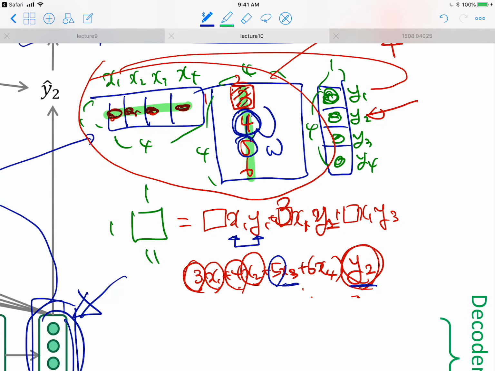So suppose our vector y was this 5-dimensional vector, and in this case still we can consider all the possible cross products, x1 y1 all the way through x1 y5 and x2 y1 all the way through x2 y5, and then we can still consider the linear combination weights of all the possible cross products, and we can simply set our matrix W as 4 by 5. So in that case, we can also construct this bilinear model between two vectors with different lengths.